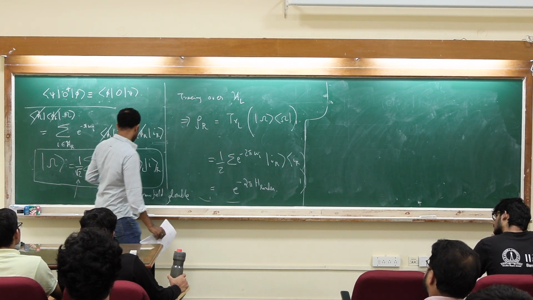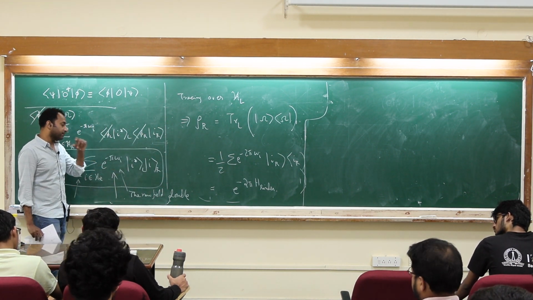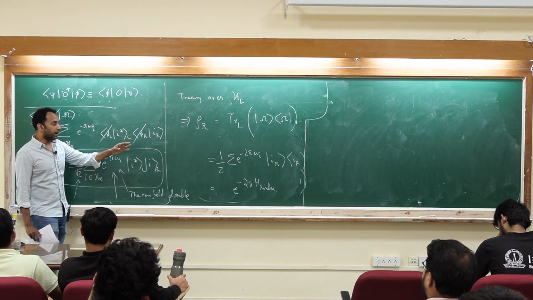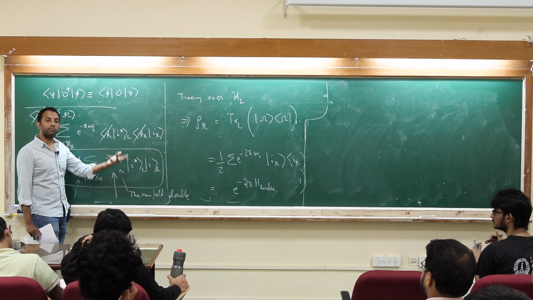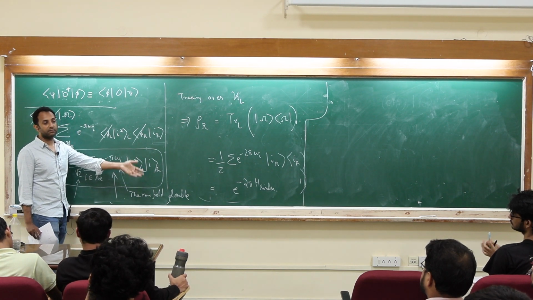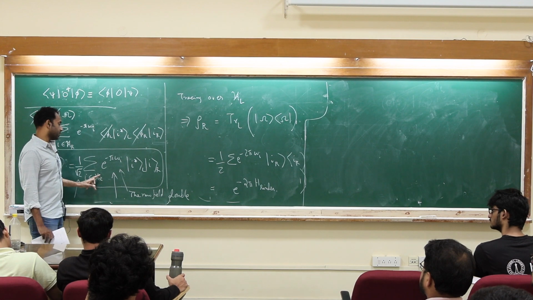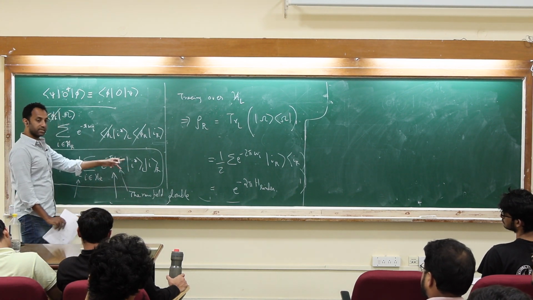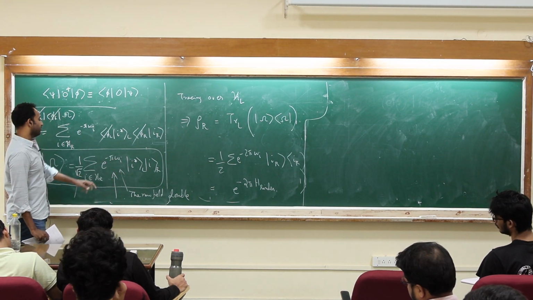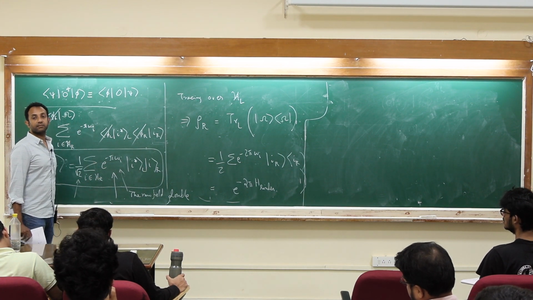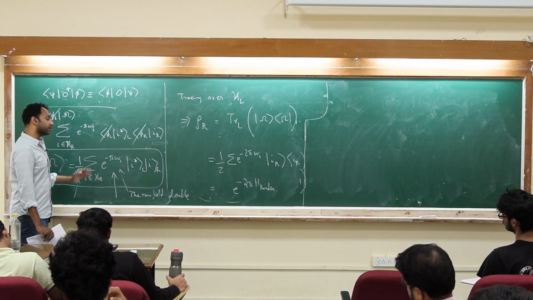But when you purify it, the observation is that by doubling the Hilbert space H_R with another copy of itself, which is H_L, you can construct a new state, which is this. When you trace over the left half, you get the thermal density matrix. And it's more generally true.